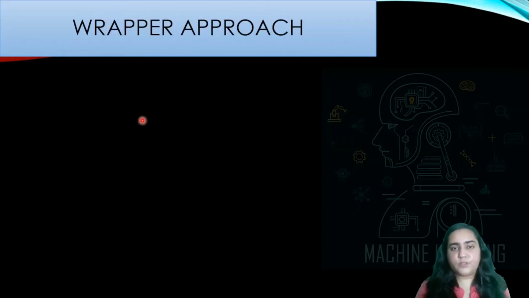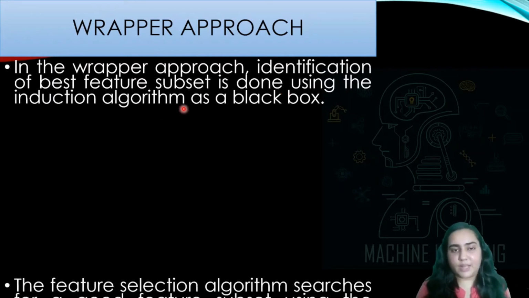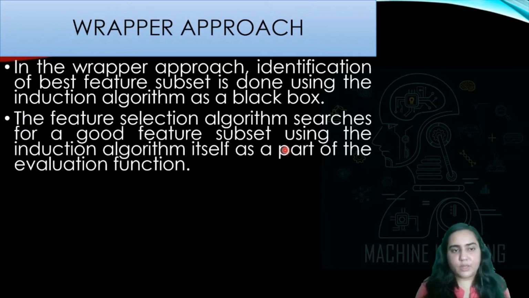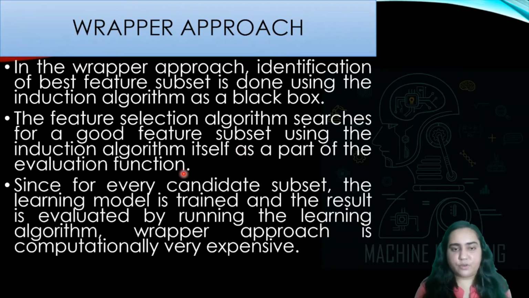The next approach is the wrapper approach. Identification of best feature here is done using the induction algorithm as a black box. So it searches for a good feature subset using the induction algorithm itself as a part of the evaluation function. So for every candidate subset, the learning model is trained, and then the result is evaluated by running the algorithm itself.